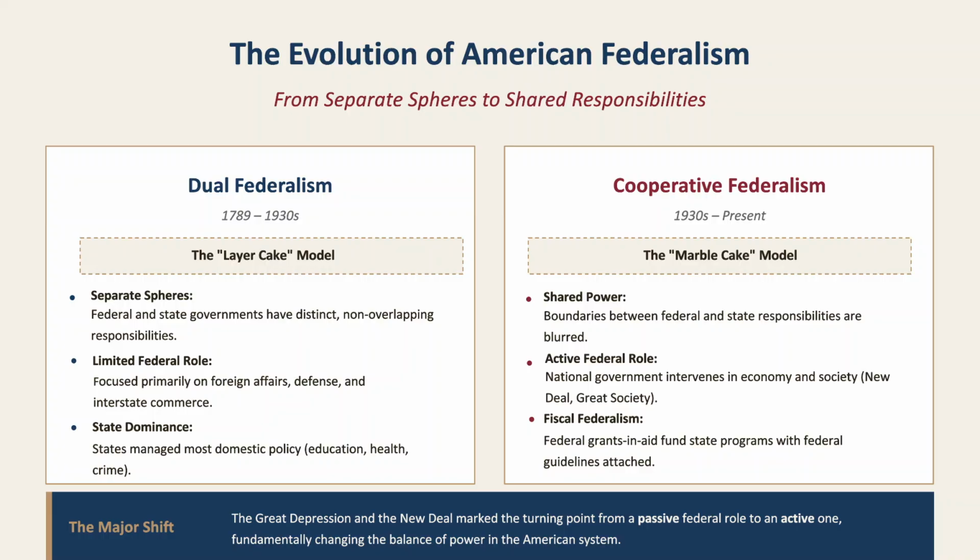In this model, the lines between federal and state responsibility became blurred, and the national government became an active partner in areas once just reserved for the states. And they would use federal funds, grants and aid given to the states to encourage states to pursue national goals.